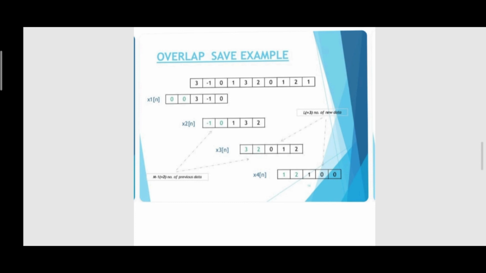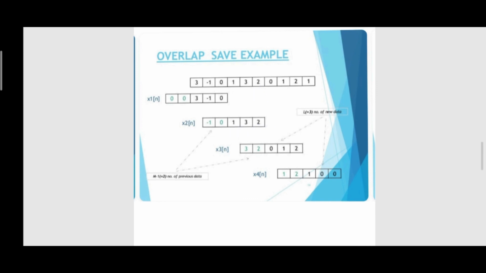Next, in x2 of n, we are padding m minus 1 of previous data in this place. So m minus 1 is equal to 2 number of previous data. We are taking -1 and 0 from the previous data, so the data will be -1, 0, and then the next values 1, 3, 2.